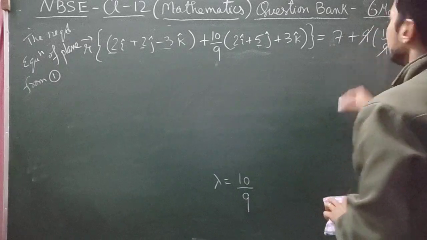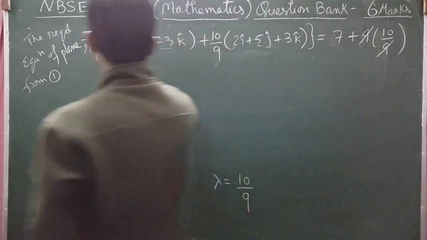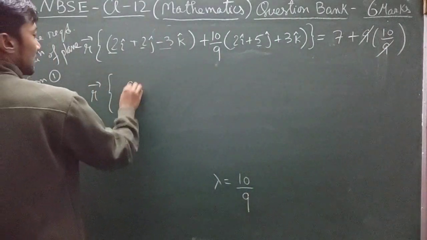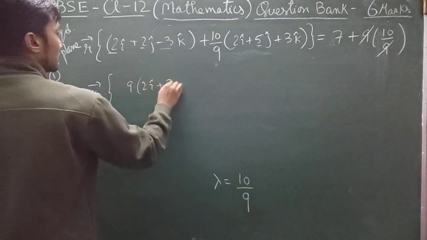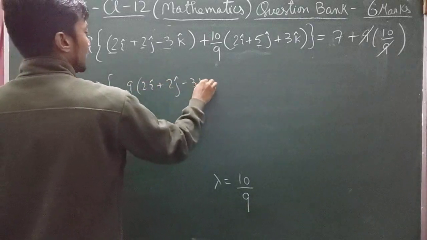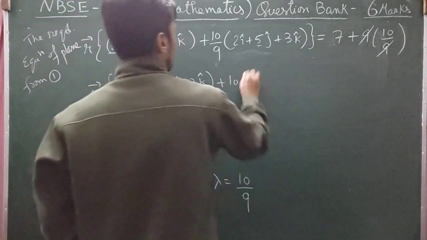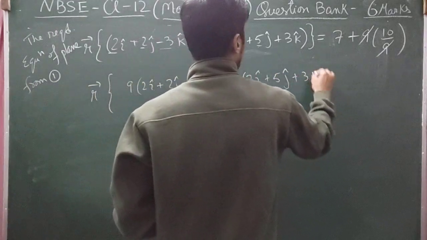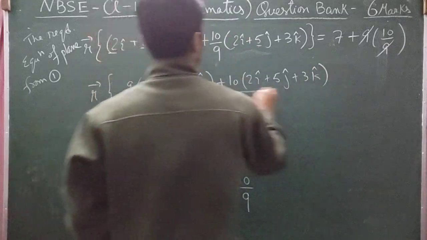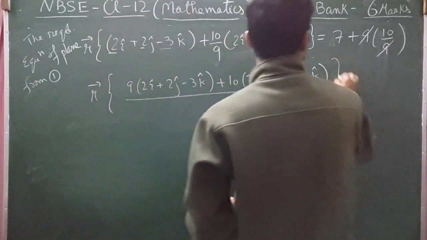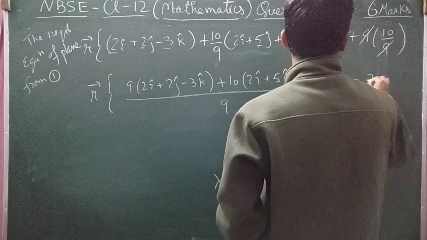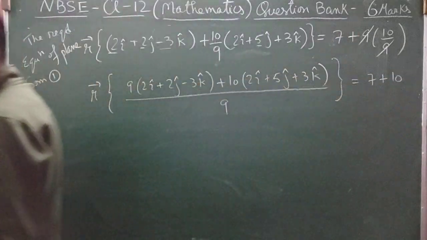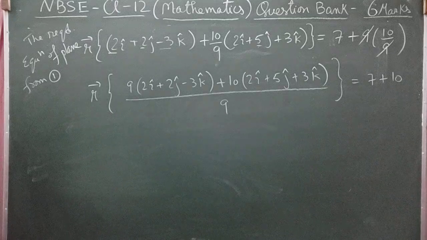So 9 here cancels. Taking the LCM within, vector r equal to 9 into 2i plus 2j minus 3k plus 10 into 2i plus 5j plus 3k, all divided by 9, is equal to 7 plus 10.